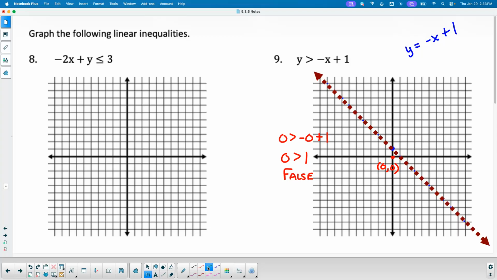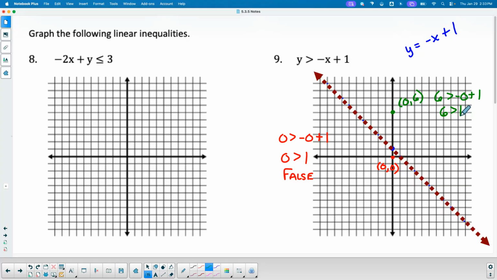Again, let's make it easy on ourselves. Let's go with 1, 2, 3, 4, 5, 6. We'll go with the point 0, 6. Okay? If I have the point 0, 6, then that would be 6 is greater than negative 0 plus 1. Negative of 0 is 0, plus 1 is 1.